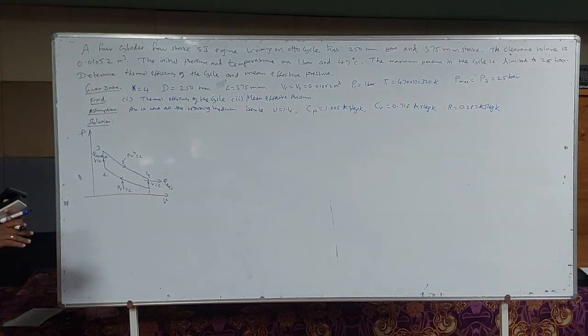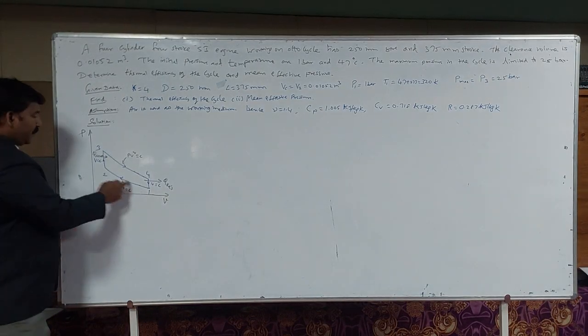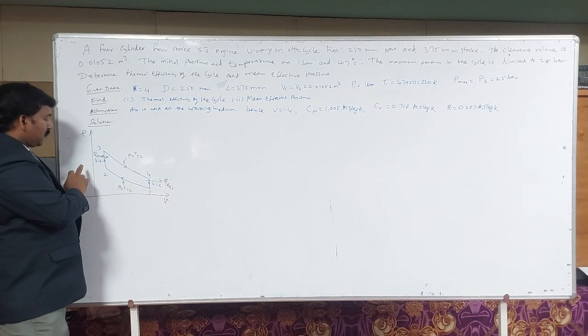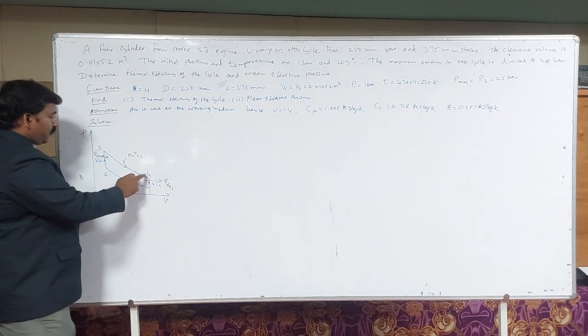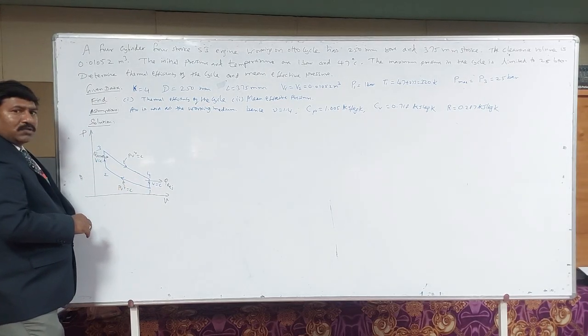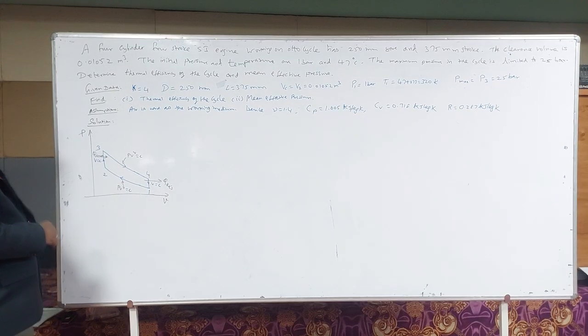So this is the PV diagram. Process 1 to 2 is isentropic compression. 2 to 3 is the constant volume heat addition. 3 to 4 is isentropic expansion. 4 to 1 is the constant volume heat rejection process.